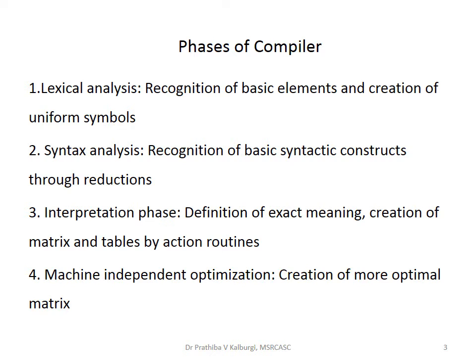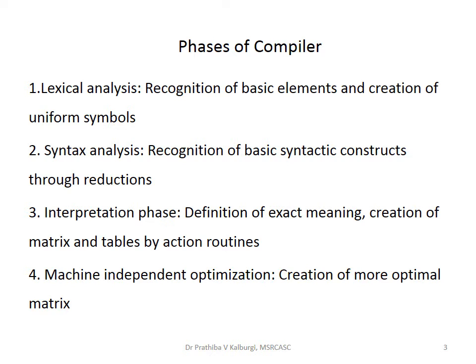Now coming to the fourth one, that is machine independent optimization. As I have already told, it's nothing but the optimization technique which we have already dealt with in the previous sections. Here it is going to create a more optimized matrix, wherein again it creates the databases, which we call a matrix database, that we have already explained.